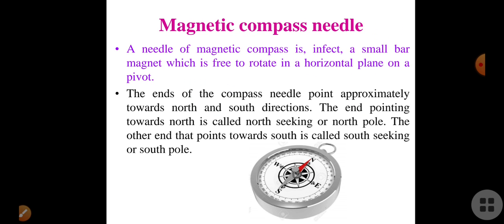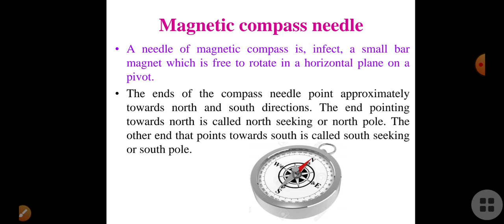Now, what is a magnetic compass needle? You can see in this figure, this is a magnetic compass needle and it shows the directions north, south, east and west. Now you can see this red spot, this always shows the north pole.